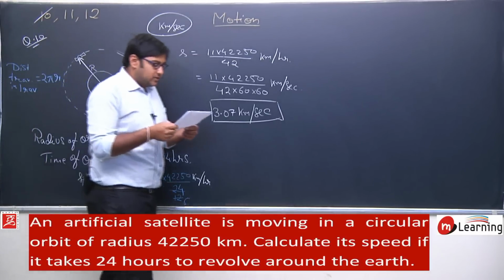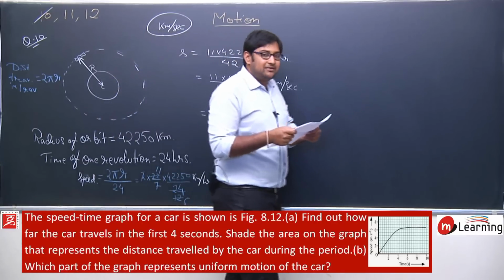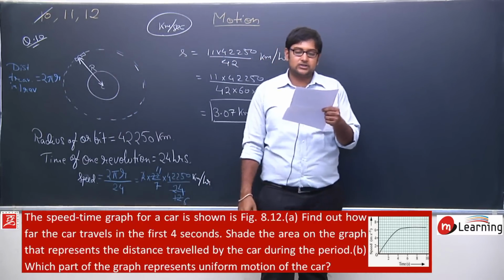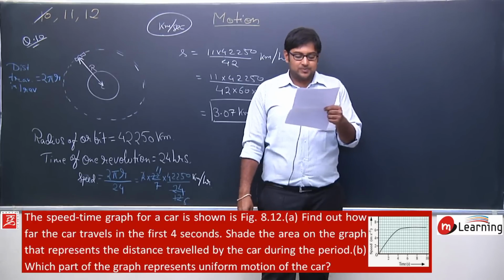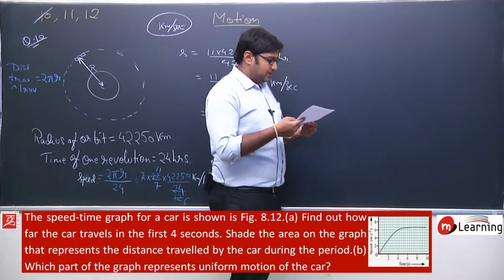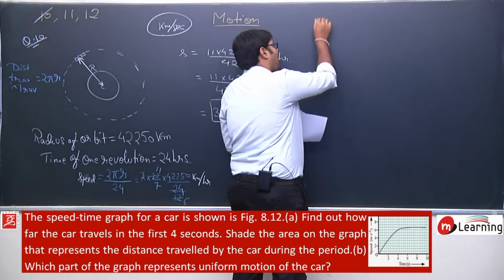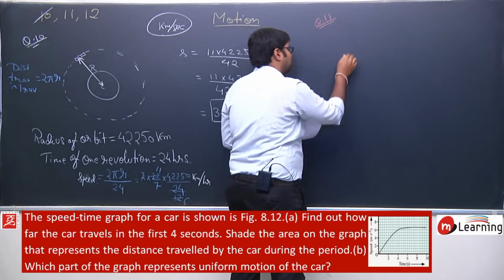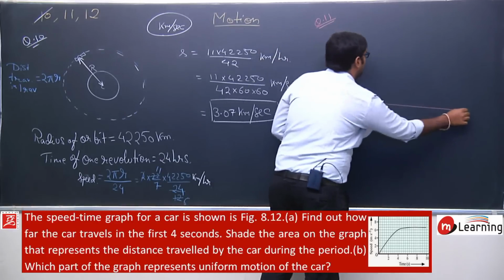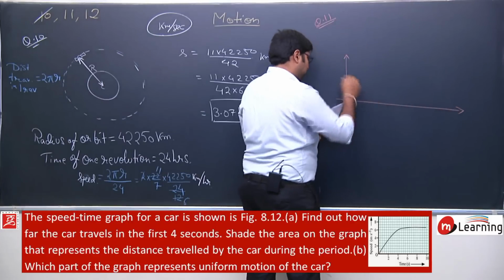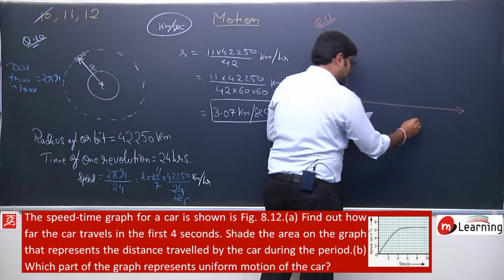Now moving to the next one. Question number 11 says, the speed time graph for a car is shown. So let me draw the speed time graph. This is the speed and this is the time.